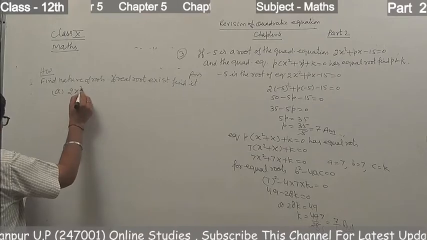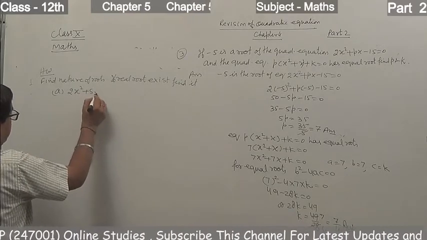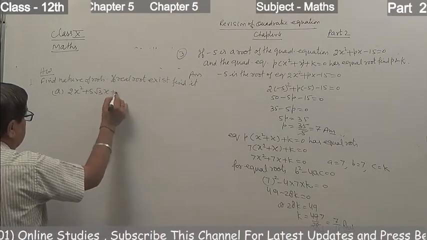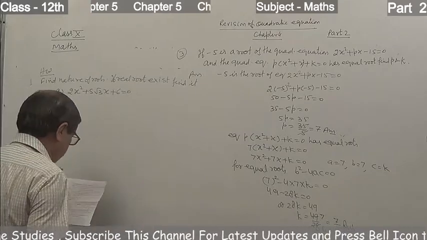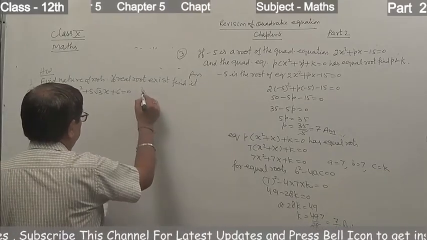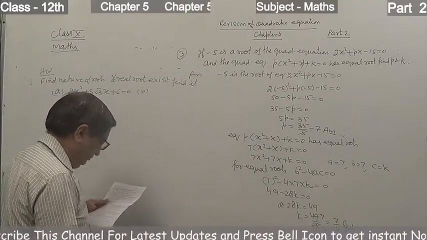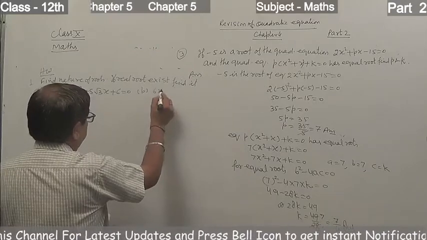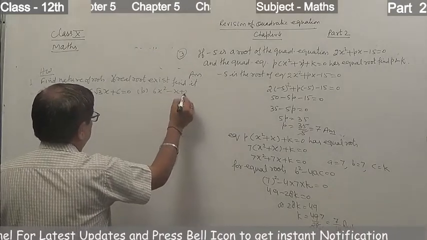Two x square plus 5 root 3 x plus 6 is equal to 0. Second part, 6x square minus x plus 2 is equal to 0.